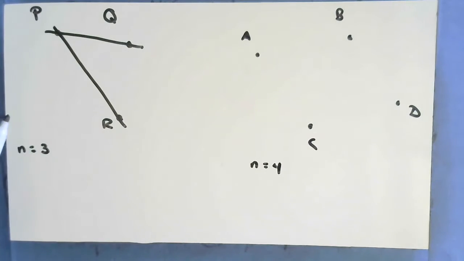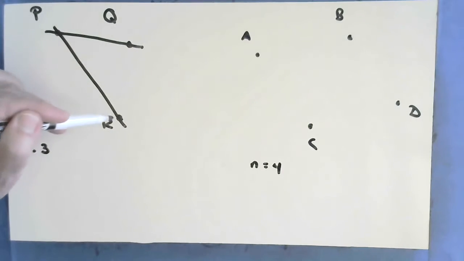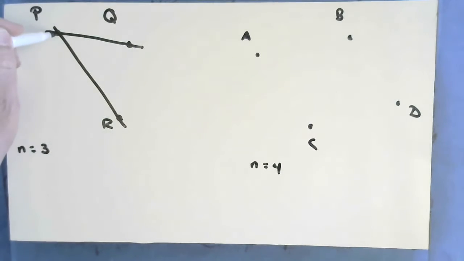When I have the 3 points, the one I want to connect to the others, just thinking generically, there are n points, and I use one of those points to connect to the others that are left.